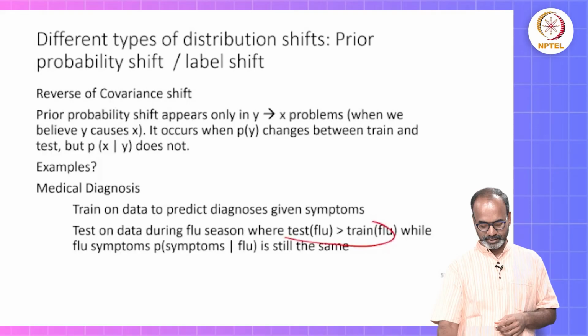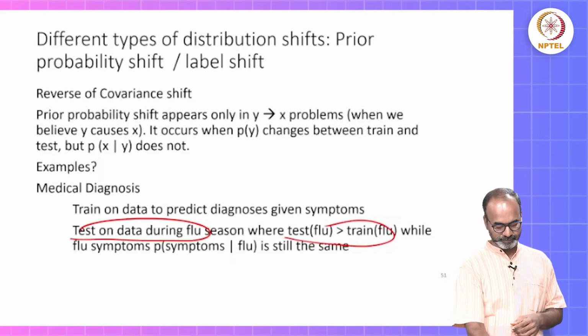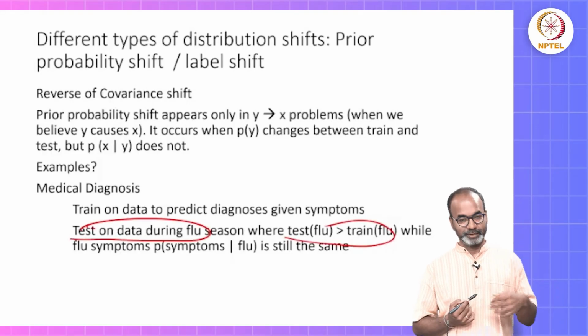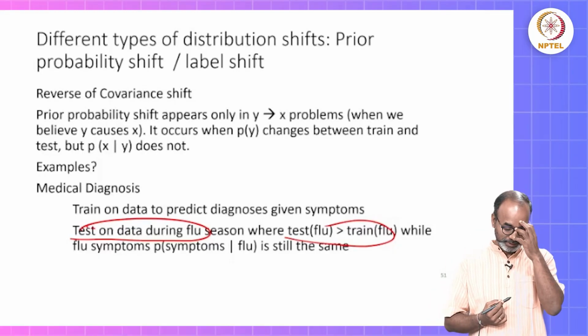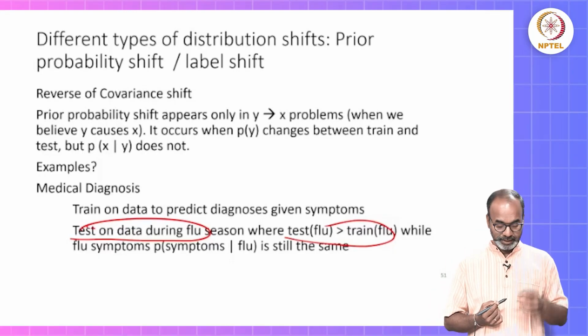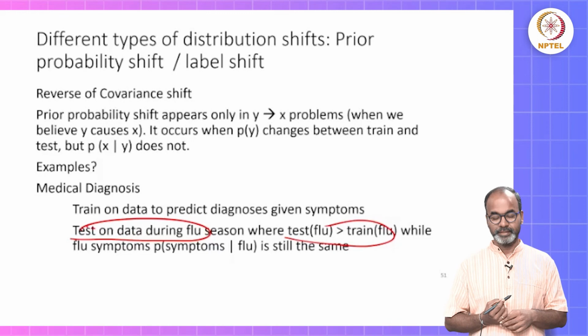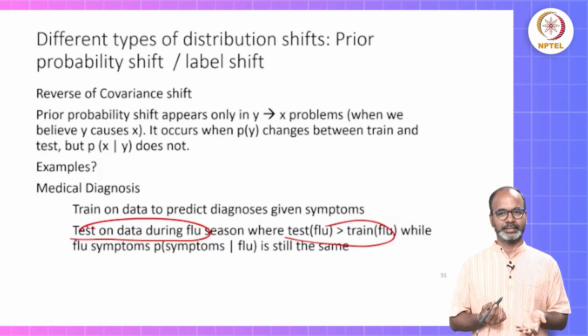And while P of symptoms given the flu is still the same, meaning everybody is coughing, everybody is sneezing, the symptoms have not changed.